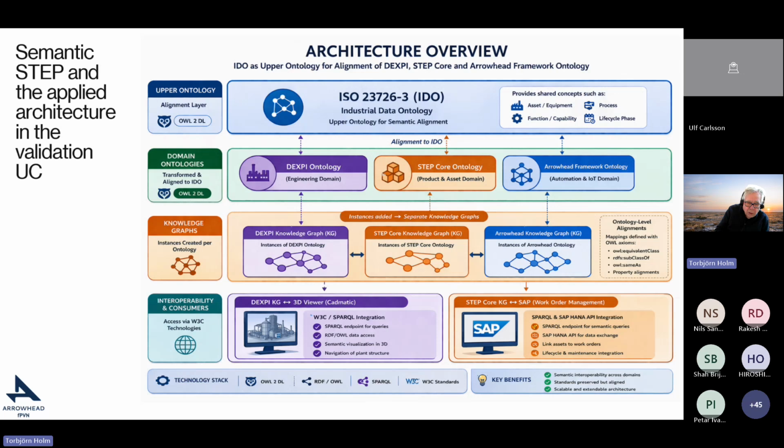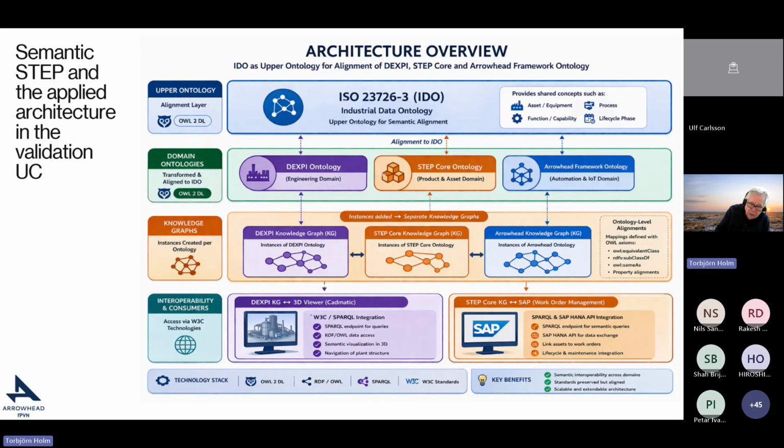We have concentrated on using GraphDB from Graphwise, and that has also been very, very good and solved a lot of issues for us. But we are also interfacing with SAP, and we have created a SAP HANA API following the SAP HANA API definition.